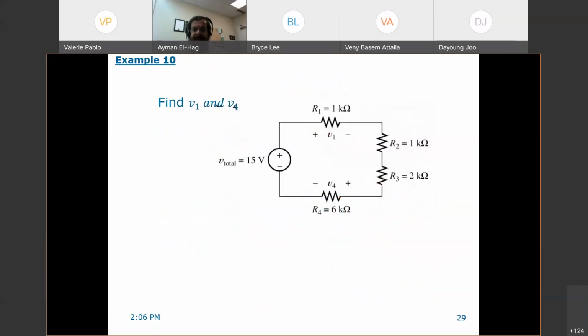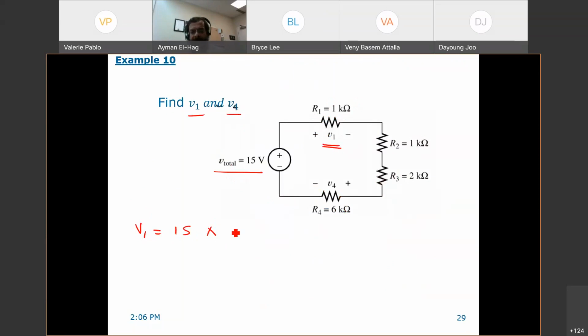And let's have a very simple example here. I want to find V1 and V4. Straightforward. So V1 using voltage division is equal to the V total, which is 15 volt, times the resistance of interest, R1. Why R1? Because I want to find V1.